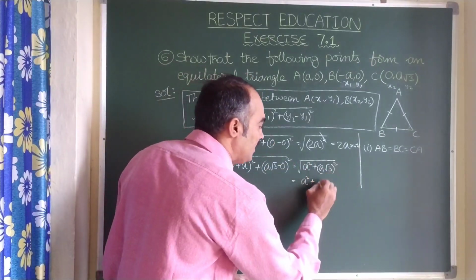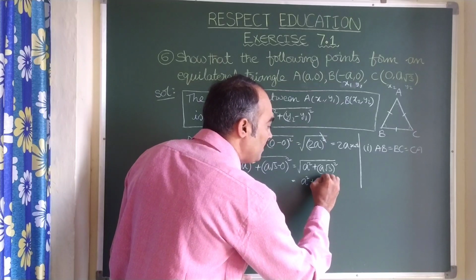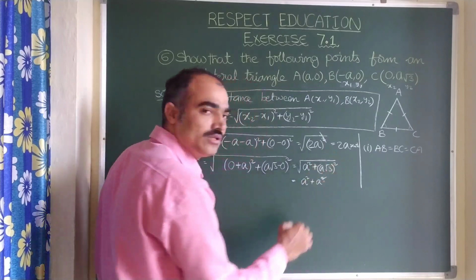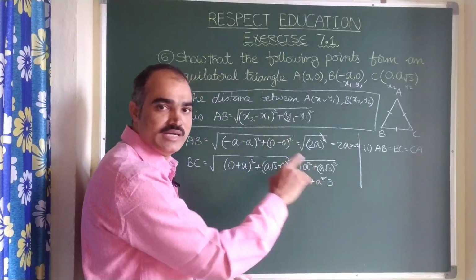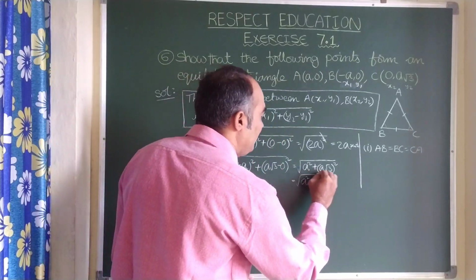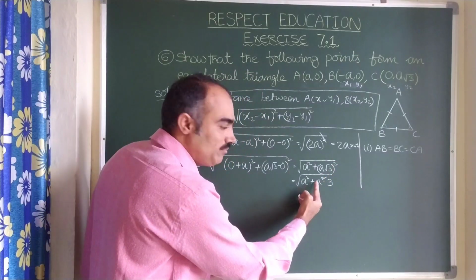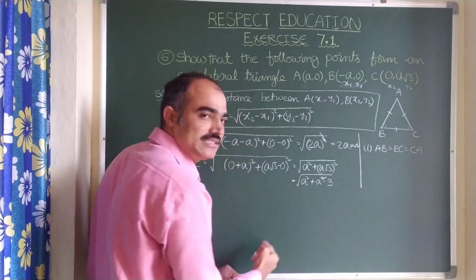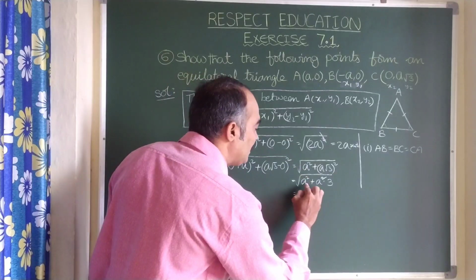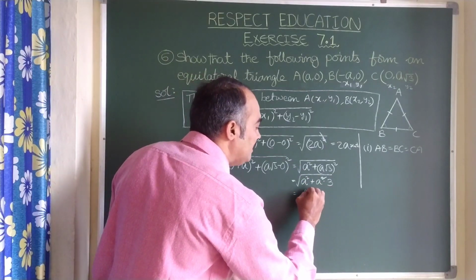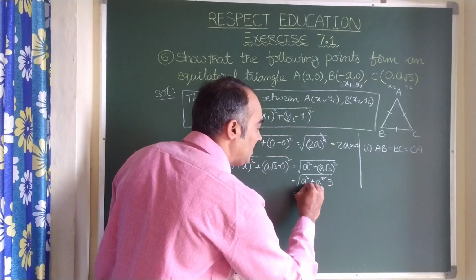It is a square into (root 3) whole square, which is 3, because square and root get cancelled. So here we get a square plus 3 into a square, which is 3a square. So finally we get a square plus 3a square, which is nothing but 4a square under root.